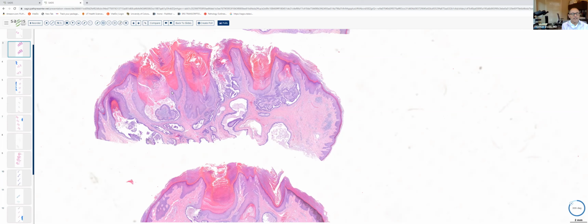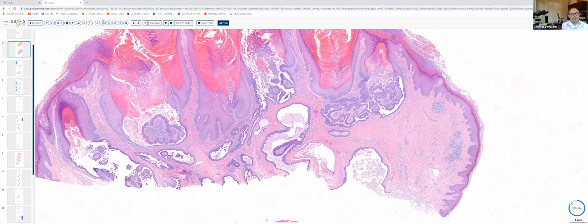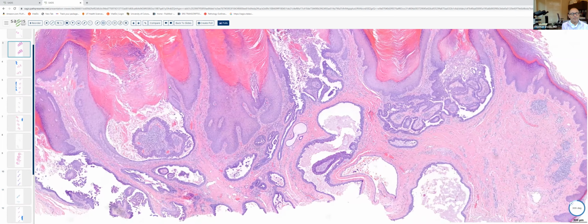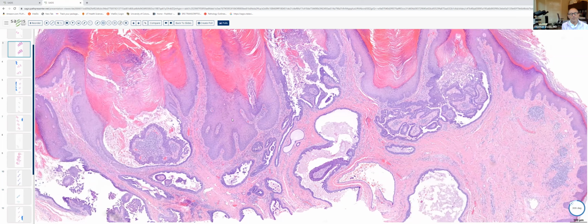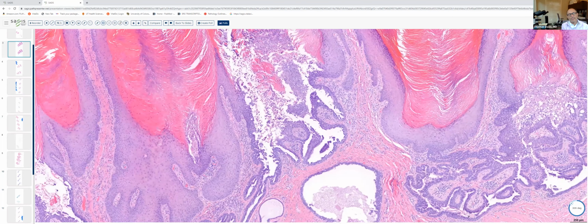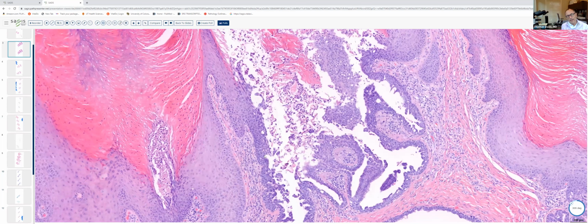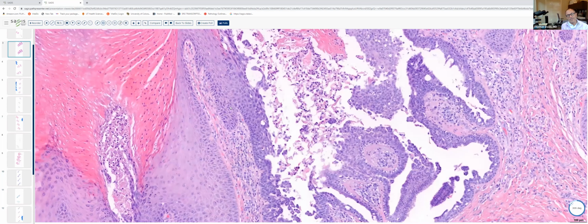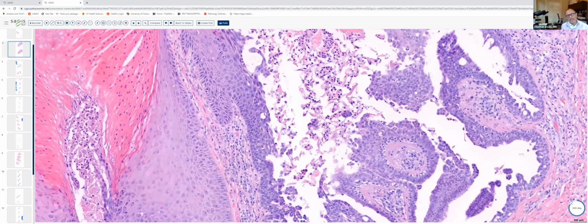And one can see here that this proliferation actually is emanating from the undersurface of the epidermis. And a very characteristic feature of this particular tumor is the fact that we see a transition from stratified squamous epithelium to glandular epithelium. And it's kind of gradual in this area.